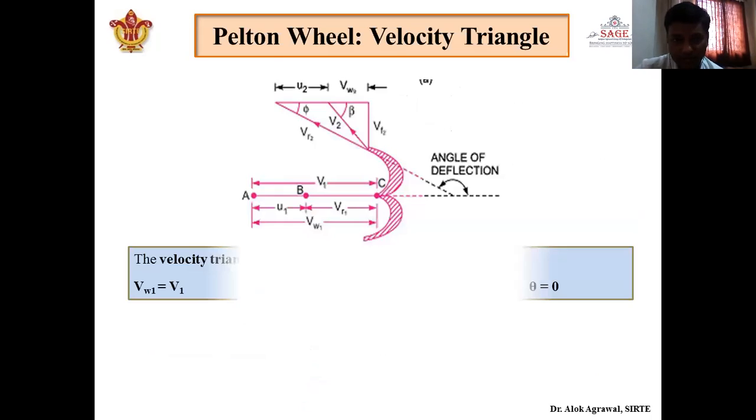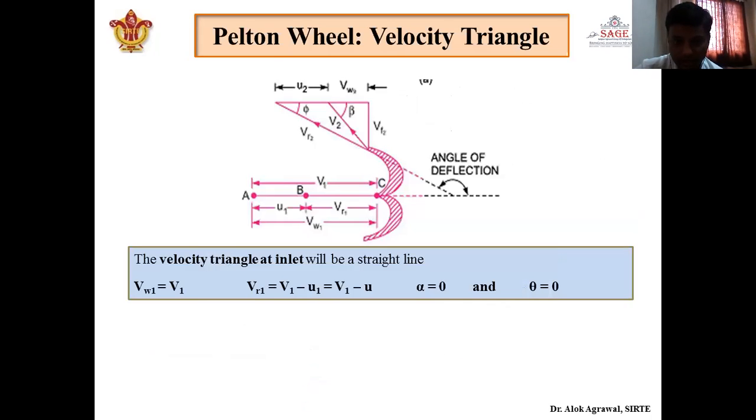With this, we have calculated from the inlet velocity triangle. We have seen that tangential velocity, or velocity of whirl, VW1, will be equal to the jet velocity at inlet, V1. Relative velocity will be V1 minus u, and alpha and theta in the inlet velocity triangle are 0 because it is a straight line.